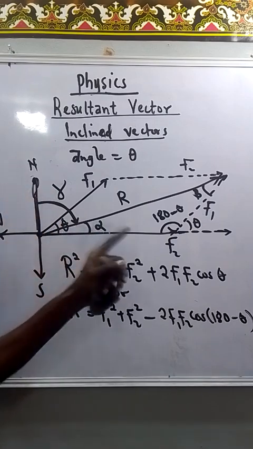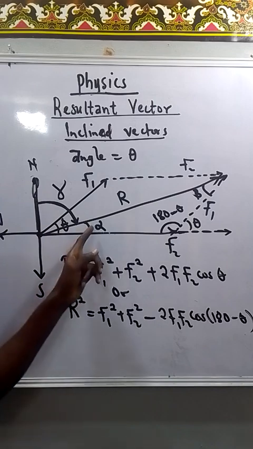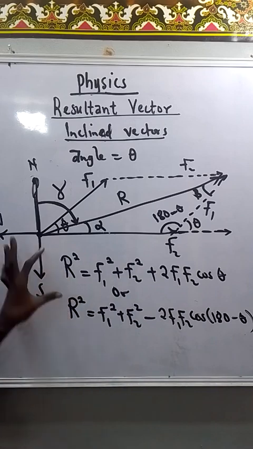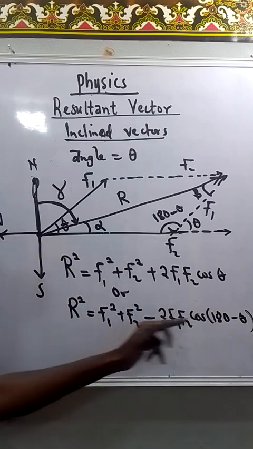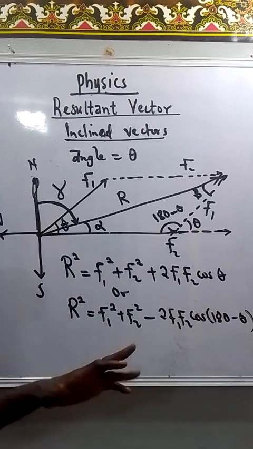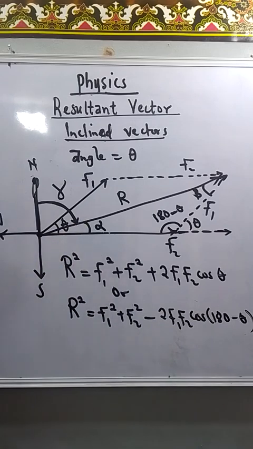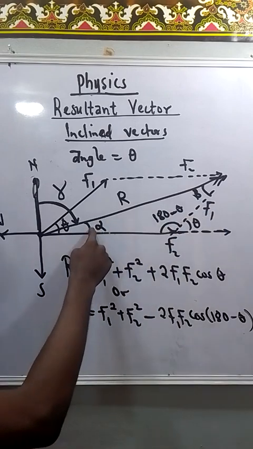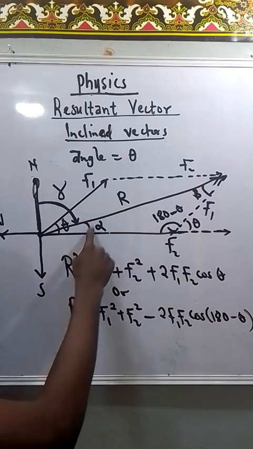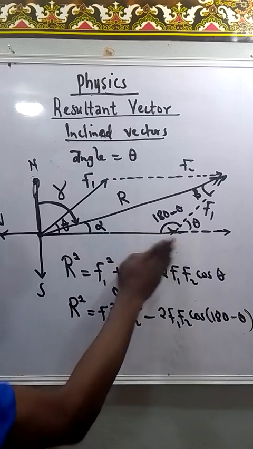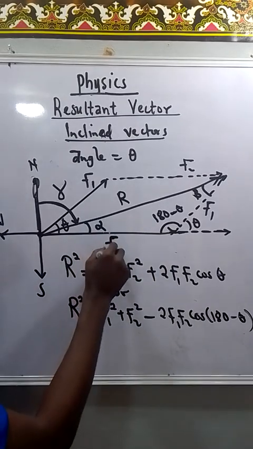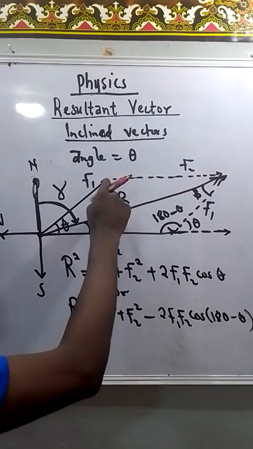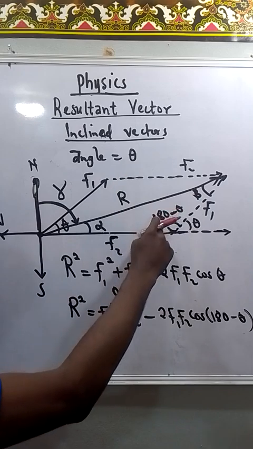So from here, what I will do is use the sine rule. The formula that we have here is the cosine rule, and I will later show how it is derived, but not in this video. Now, how do we find alpha? We can say F1 all over the sine of the angle it is facing, equal to F2 over the sine of the angle it is facing, equal to R over the sine of the angle it is facing.